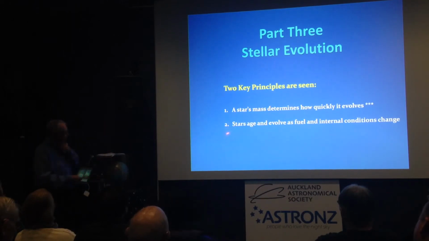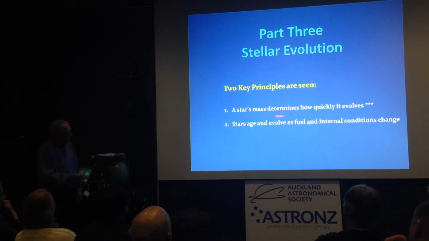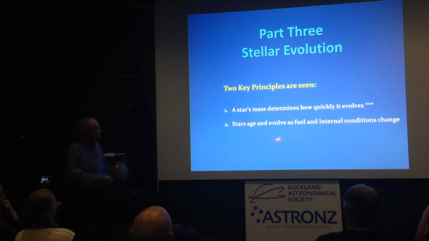Don't want you to do that. Secondly, the principle is stars age and evolve because they're full of fuel, they've got nuclear fusion going on. What happens with fuel? Fuel runs out and changes, and internal conditions change. And that's what drives stars to age and evolve, as their fuel and their internal conditions change. Two key principles.